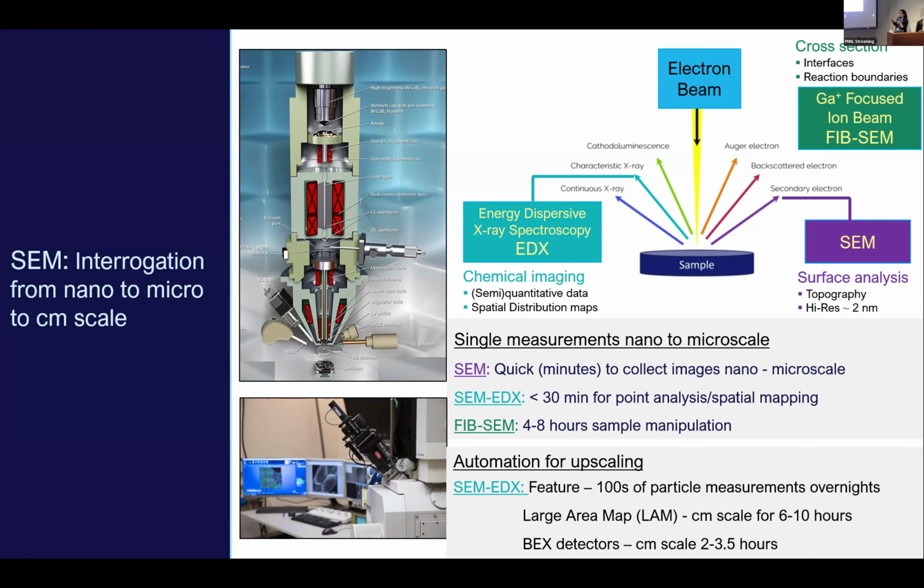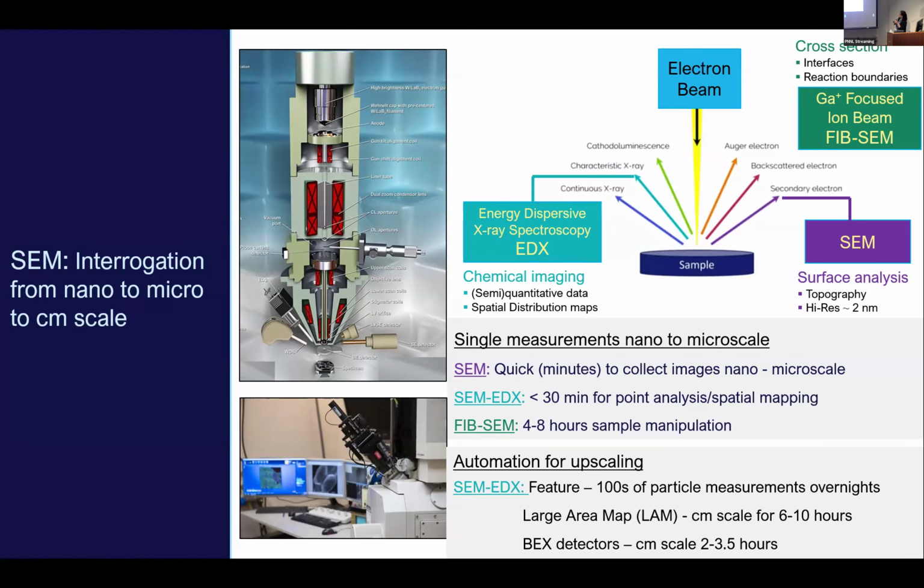Then you can create a montage, like a puzzle, putting all these tiles together. Now you have a centimeter by centimeter scale for your sample. This takes about 6 to 10 hours. So again, quite a bit of time to be spent, but it would be much more time if we did it individually, sitting by the microscope.